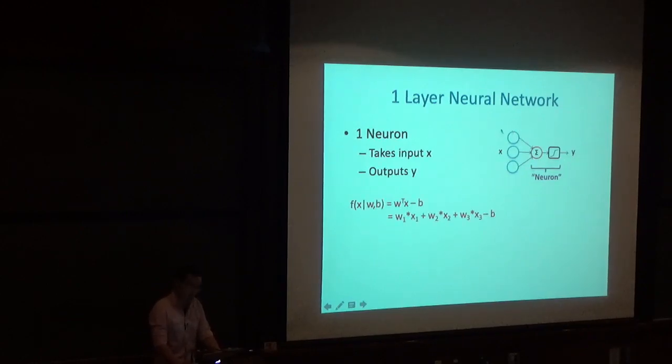And this single neuron looks like this. And then there's a transfer function that translates this f of x into the y. Let's say the transfer function is sigmoid. It doesn't have to be, but that's one of the ones that people have studied in the past.